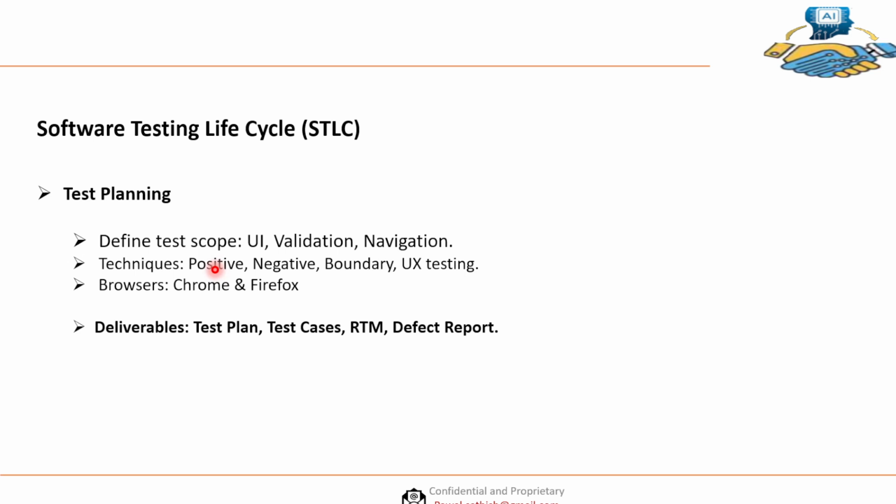We need not consider only the positive flows, we also consider the negative flows and boundary value things. And what browsers it should support. Then the deliverables of this test planning: here you can see the test plan, test cases, RTM, and defect reporting.